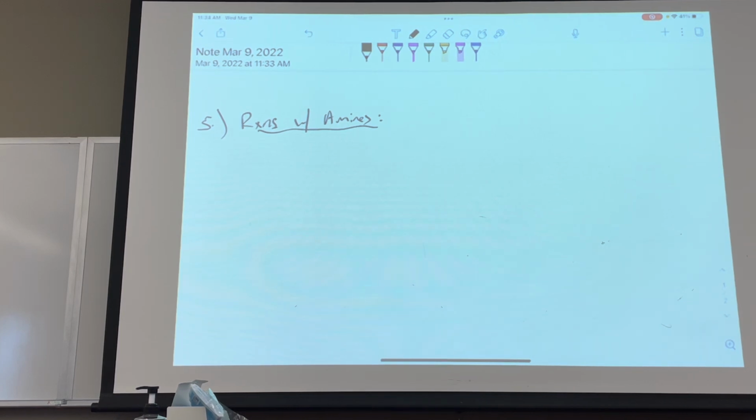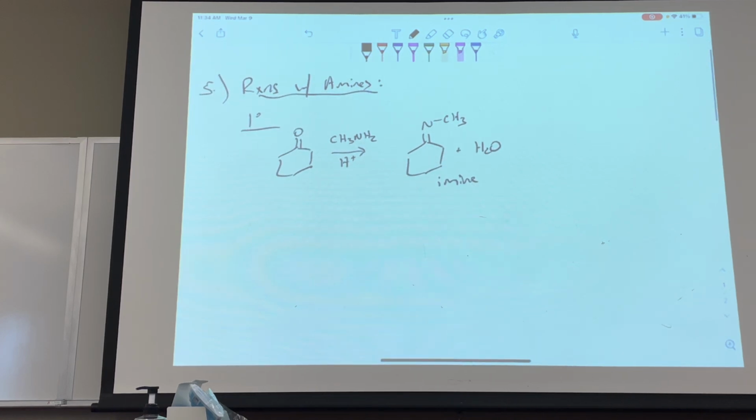So what we saw last time was that if you reacted with a primary amine, there's our ketone, and if we say use methylamine, which is a primary amine, the product that you got from this was this type of product, which we called an imine. So that's what we did last time.